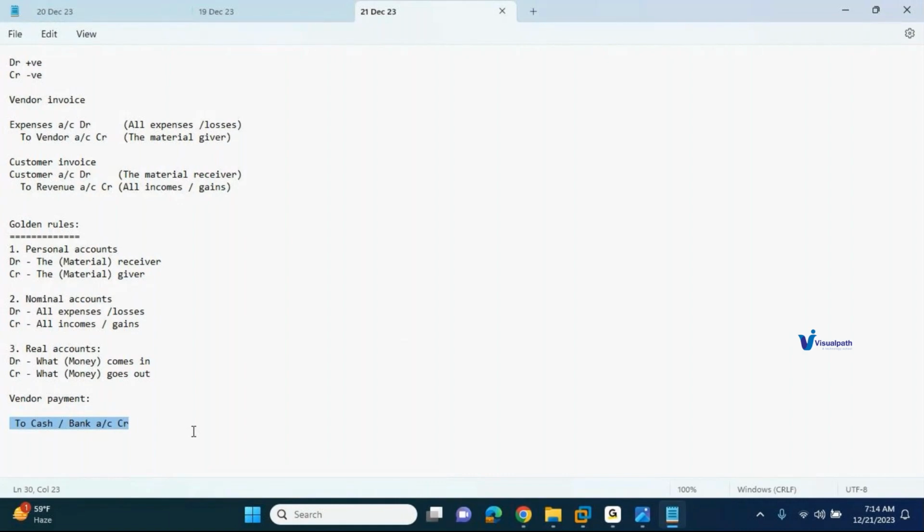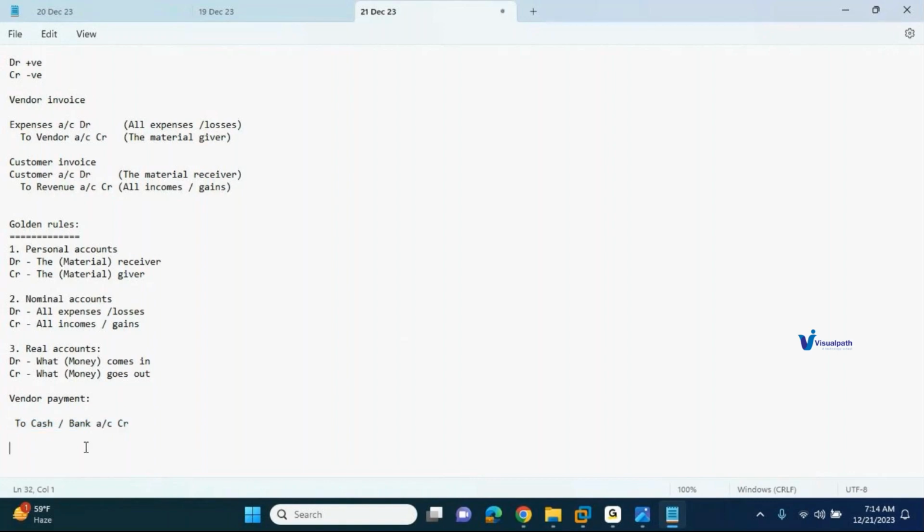Then it becomes 2000 minus 500, 1500. Suppose in your bank 25,000 is available and you have given a check for 10,000 to your friend. That 10,000 will be decreased. So cash or bank is decreased.